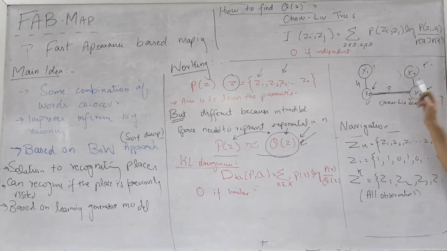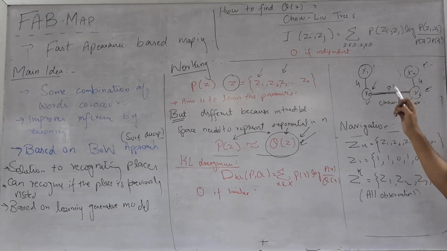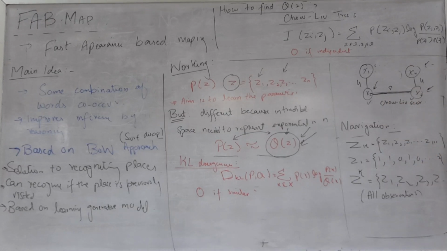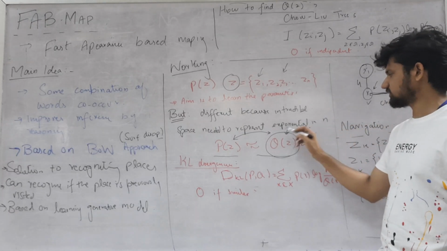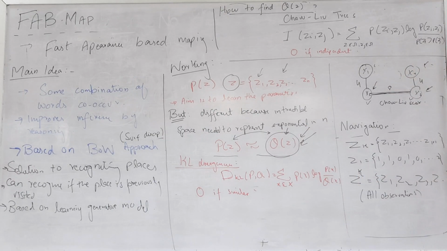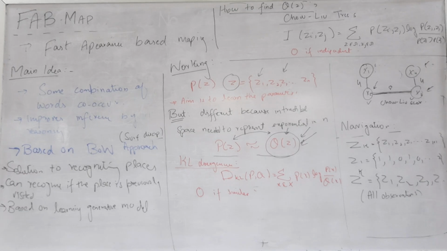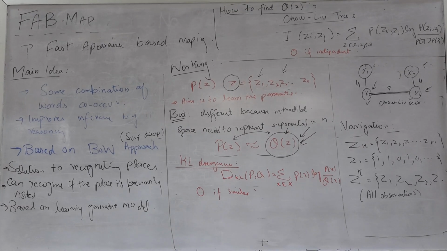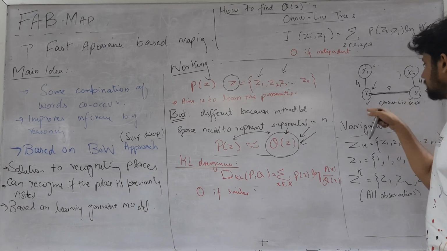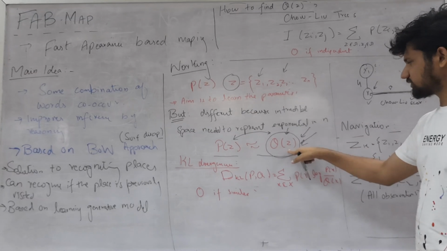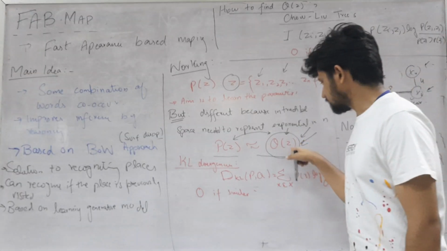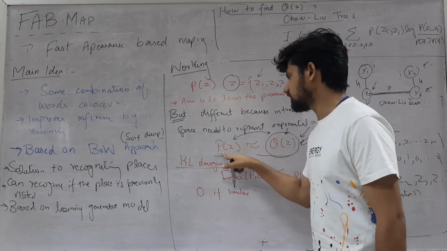So this is how you will find a distribution where the features are dependent. Now these two are dependent, these two are dependent, these two are dependent. So you have made the thing easier for yourself. You have basically found this distribution that you always wanted to find. Not you, obviously, but the people who work on FABMAP. Okay, so when you finalize this distribution, you will check its similarity with the actual distribution.